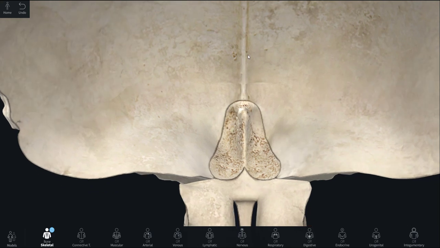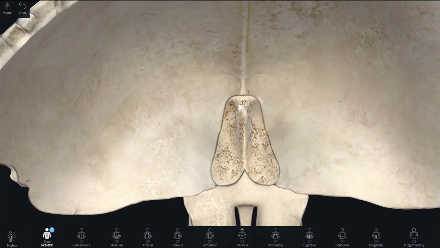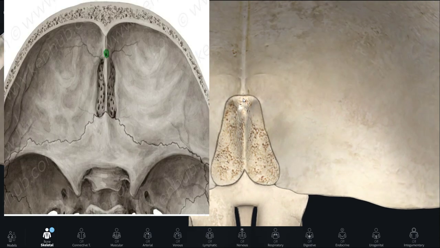These ala of the ethmoidal bone come in contact with the corresponding part of the ethmoidal notch of the frontal bone, and together over here they will form an opening.